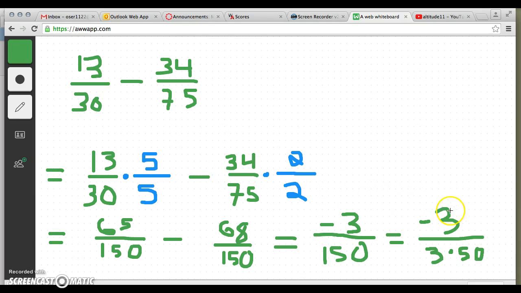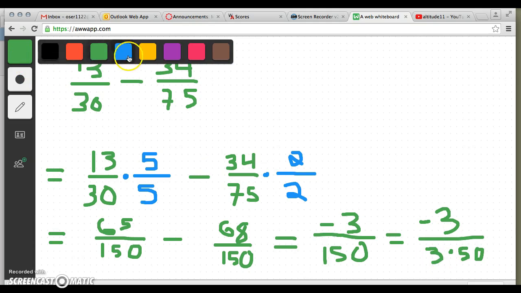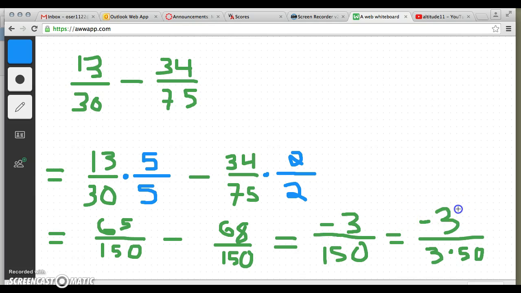All right, so notice you have 3 divided by 3. Remember that 3 divided by 3 is 1. Another way to think about it is that these factors of 3, this 3 and this 3, cancel each other out, and all you're left with are 1s here and here. Do not forget this negative still applies.